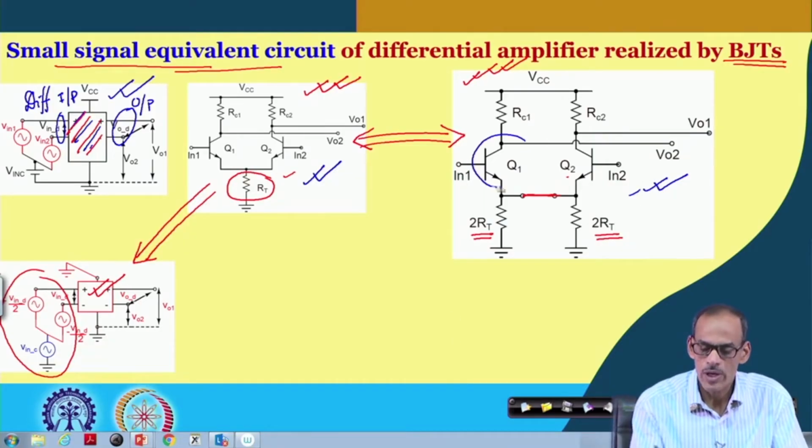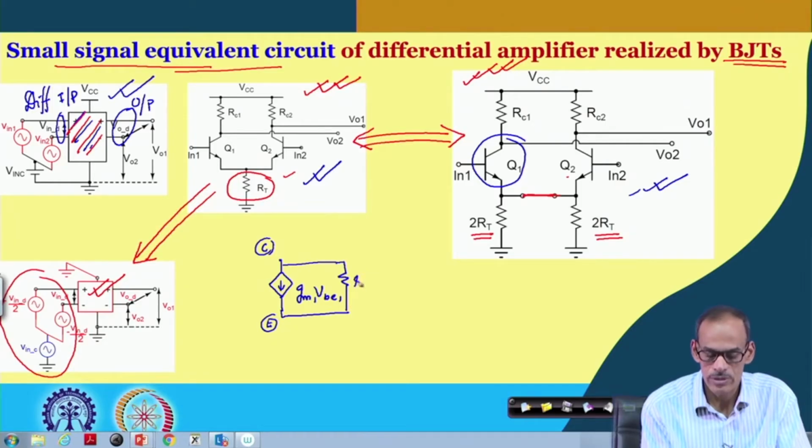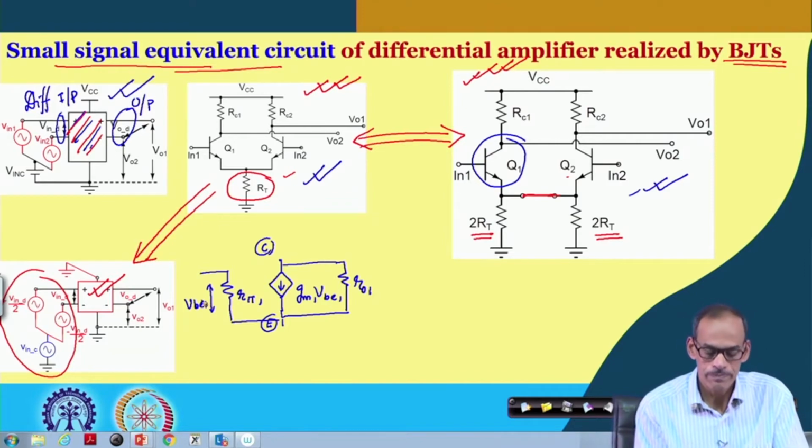First of all, transistor 1 we can replace by its equivalent model, namely gm1 times VBE1, a current between its collector and emitter, and then we may consider the collector to emitter resistance ro1, and then we have r pi, called r pi 1, and the voltage across this r pi is VBE1. So, this is for transistor 1.